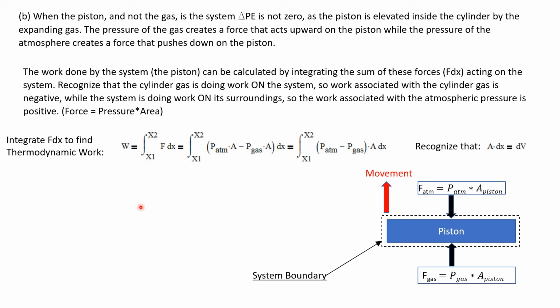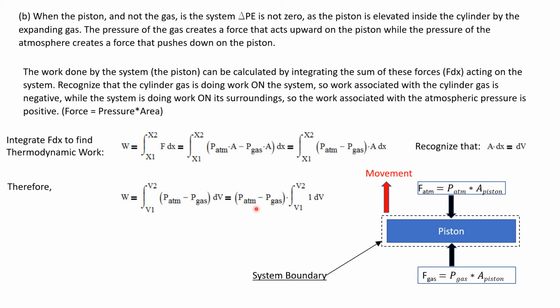But let's note that A dx is dV. So we can write a new integral. The work is the integral from V1 to V2 of the pressure of the atmosphere minus the pressure of the gas dV.